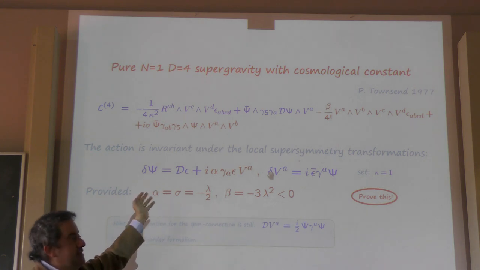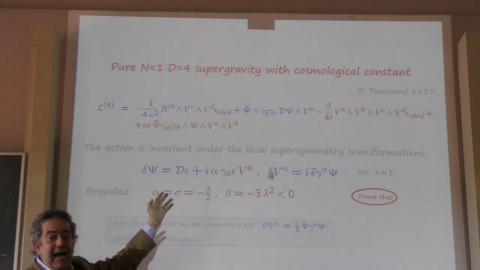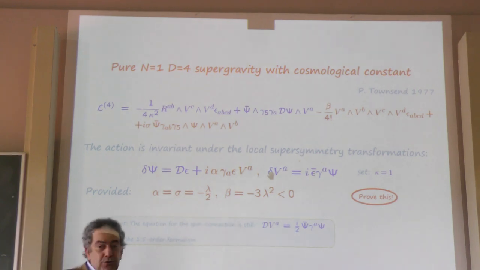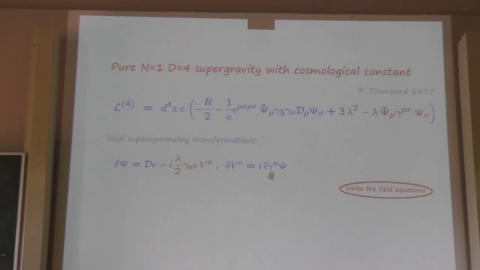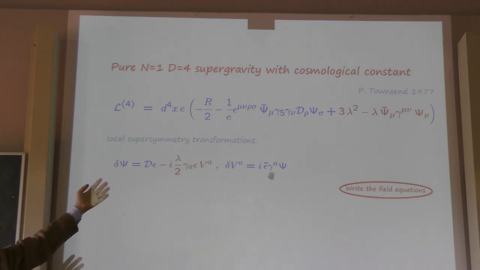You vary the action as if the three fields were independent, and after varying, you plug in the solution of this equation. In case you have any problem in solving these exercises, you just ask. We can work them out together. So you plug in the solution to the condition that you find on the parameters, so that you write the parameters in terms of the single parameter lambda as Townsend did.